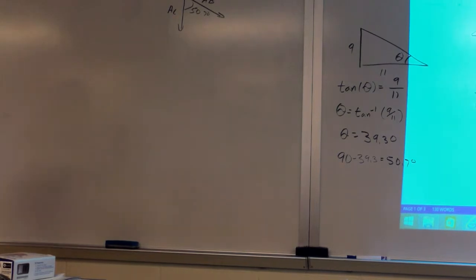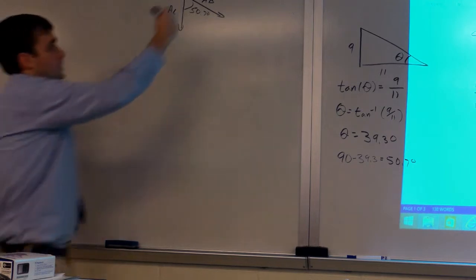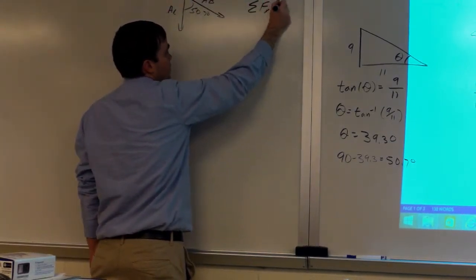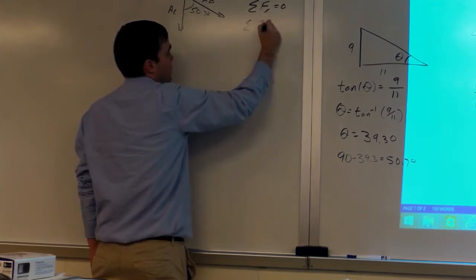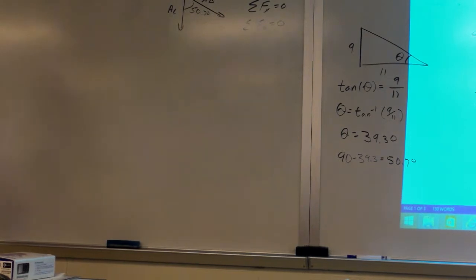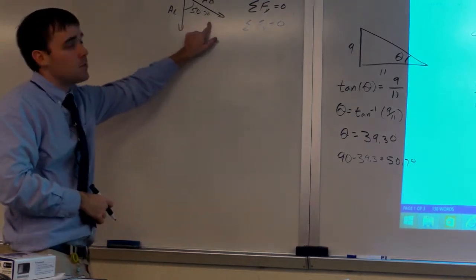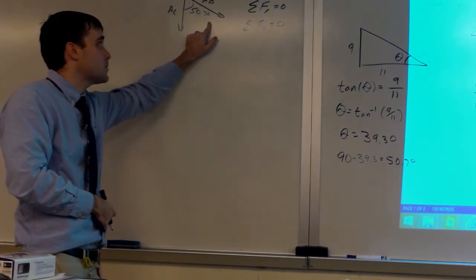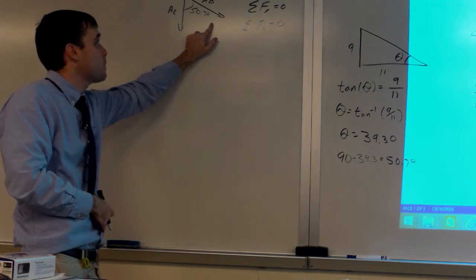We're going to be using the summation of forces in the x direction equals 0, and the summation of forces in the y direction equals 0 on these. Which do you think we want to start with, x or y? X. We're going to start with x because in the y direction, we don't know AC. We also don't know the vertical component of AB, so it'd be ABY is what we're talking about. So we're going to start in the x direction.